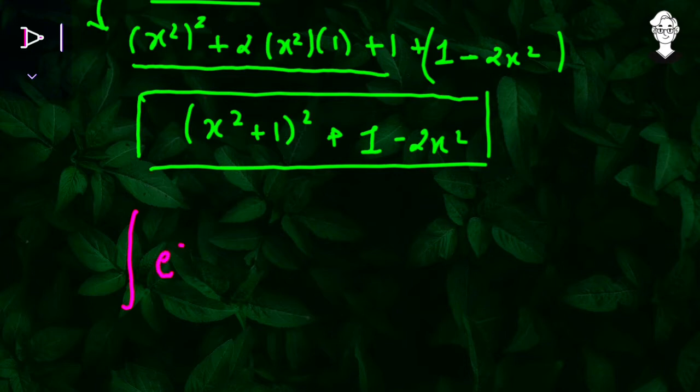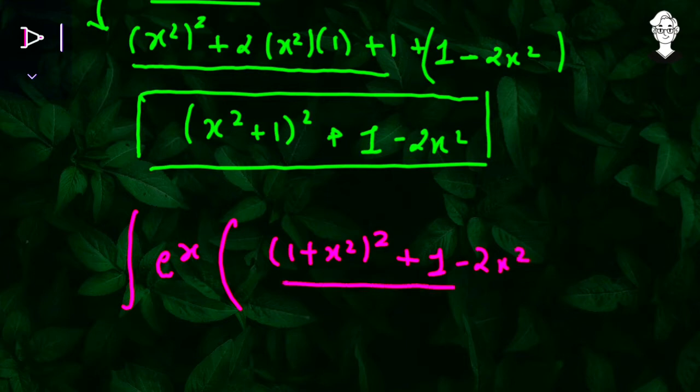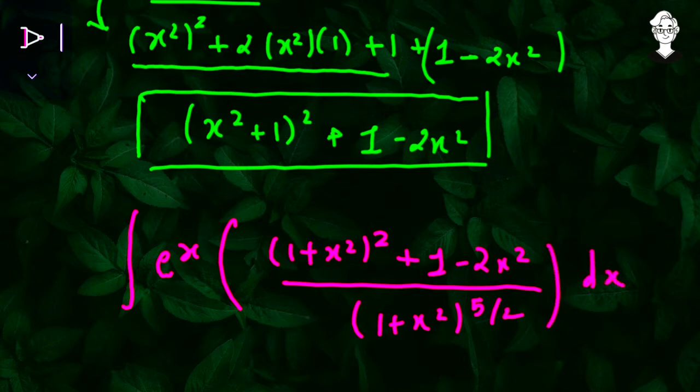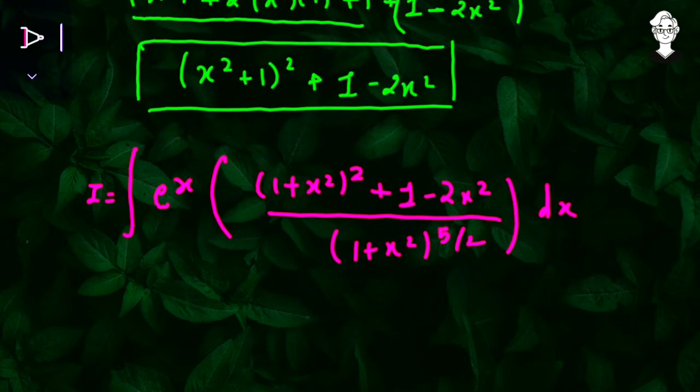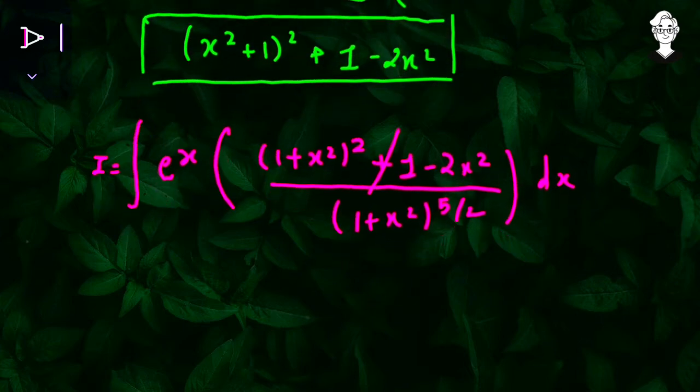So integration of e to the power x as it is. Now x to the power 4 plus 2 I have written as (1 plus x squared) the whole squared plus 1 minus 2 times x squared, divided by (1 plus x squared) to the power 5 by 2, and the dx. Yes. Now I will separate the denominator, with this square one time, and the other for 1 minus 2 times x squared.